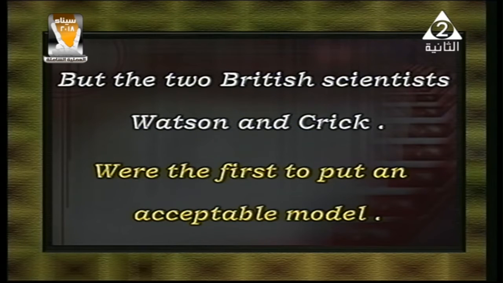They are considered the first scientists to put forward the acceptable model for the DNA. And actually, the structure of DNA as you'll see when you search for it on the internet was made by Watson and Crick, the British scientists.